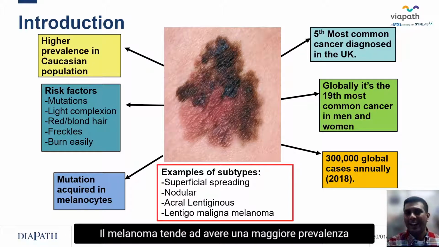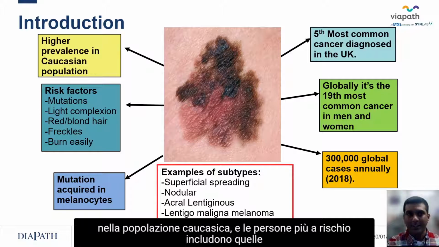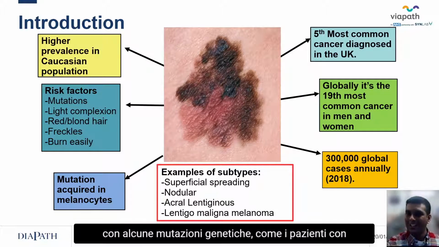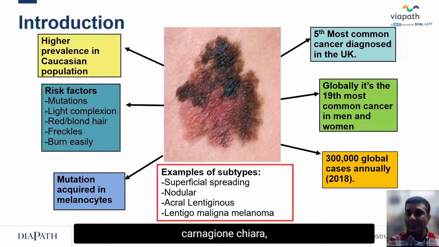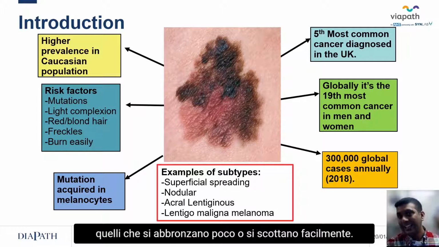Melanoma tends to have a higher prevalence in the Caucasian population, and risk factors include those with certain genetic mutations, such as patients with xeroderma pigmentosum, those patients who have a lighter complexion, and certain individuals who may have auburn or blonde-colored hair, or have increased freckles, or those who tan poorly or burn easily.